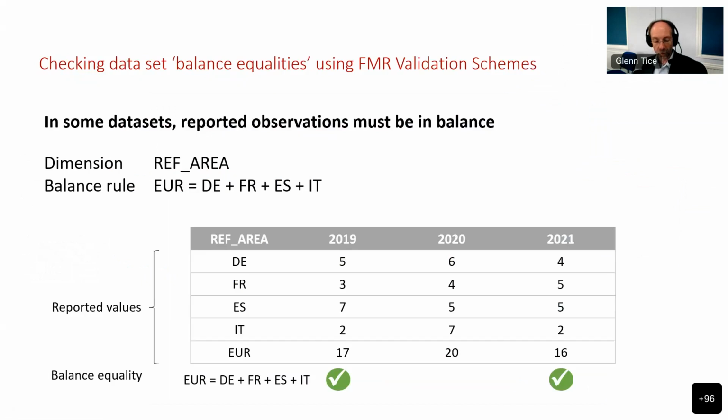So let's move on to the final topic here. The topic here is about balance equalities. So this is really helpful for data sets where reported values or reported observations must be in some way in balance.